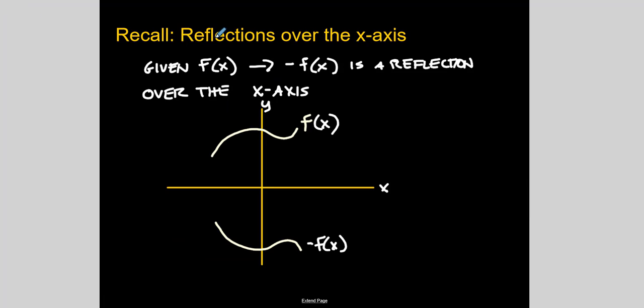Now then we'll also talk about reflections. We're going to look at reflections over the x-axis. So given a function f of x, say here, negative f of x is a reflection over the x-axis. So they're a mirror image. Negative f of x is a mirror image of f of x over the x-axis, and we're going to use that in this video as well.